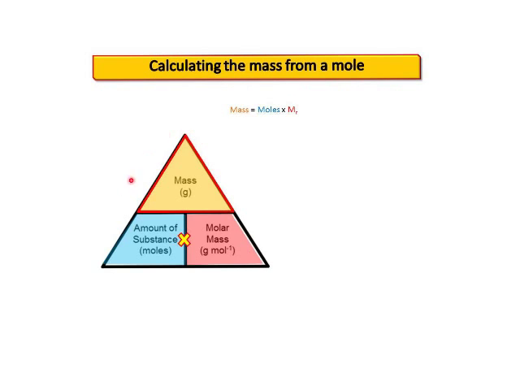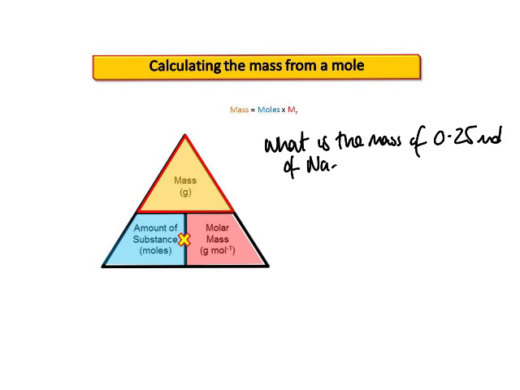We can also use this equation triangle in order to work out mass if we are given a molar mass and the amount of a substance in moles. So for example, if a question was asking what is the mass of 0.25 moles of sodium carbonate, we could work this out by first working out the relative molecular mass, Mr, of sodium carbonate.